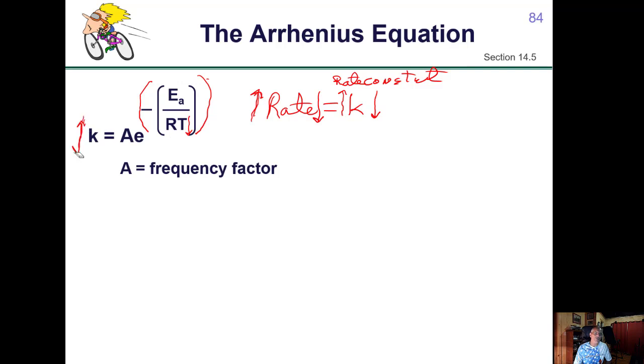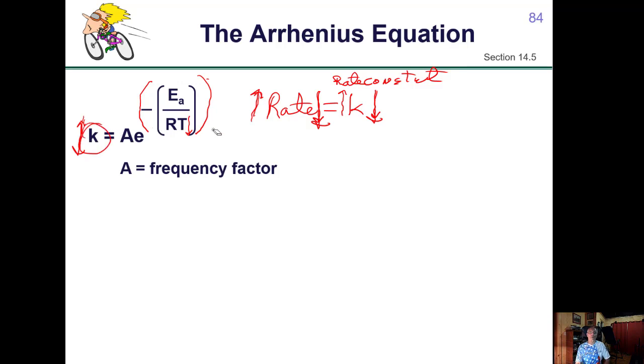K value is going to go down. And if K goes down, the rate goes down. So that's how temperature and activation energy will affect the rate of the reaction. They affect it by changing the rate constant.